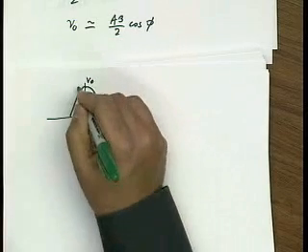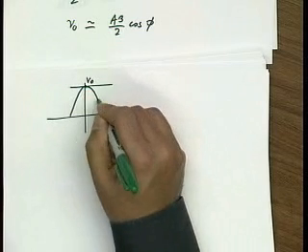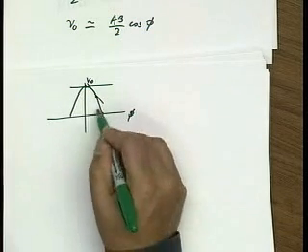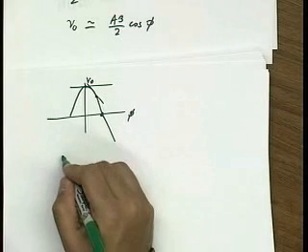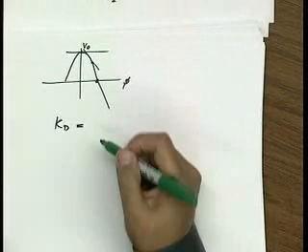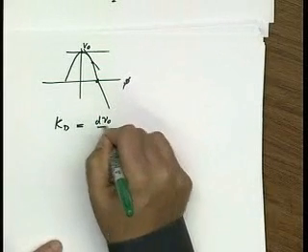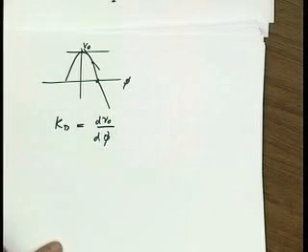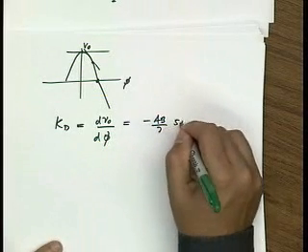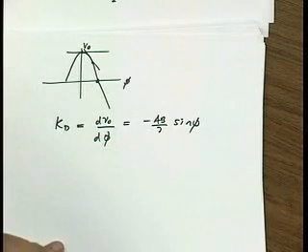In other words, the small signal slope of this circuit varies depending on where you operate it. Best point is right here, and that's pretty clear. We define KD, which is our linearized gain, which is the slope of this transfer characteristic. It's minus AB over 2 sine phi, the phase difference.